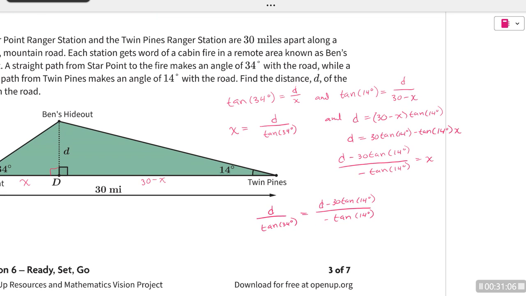So from here, we have d in two places, so we want to try to get that together. Let's cross multiply. That's a nice quick way of getting rid of our fractions to start. So that gives us negative tan of 14 times d equals, I'm going to distribute this tan of 34, so d tan of 34 degrees minus 30 times tan of 14 times tan of 34.